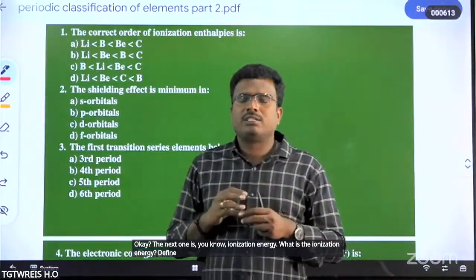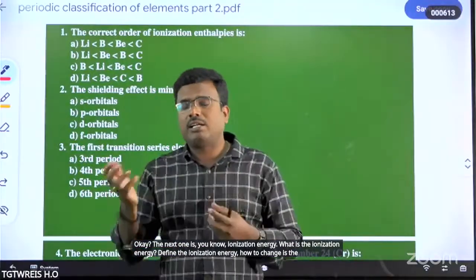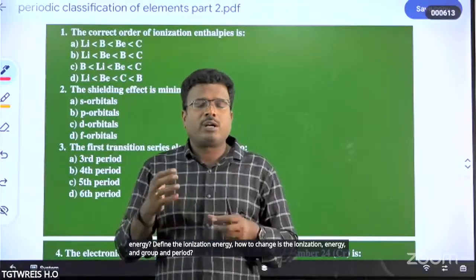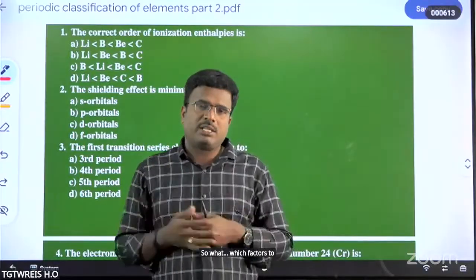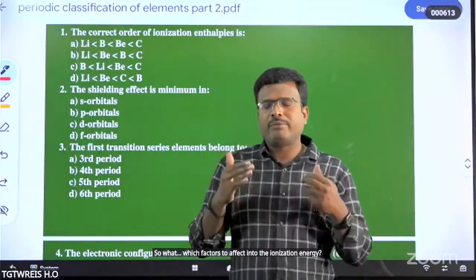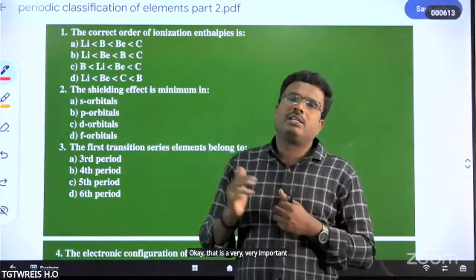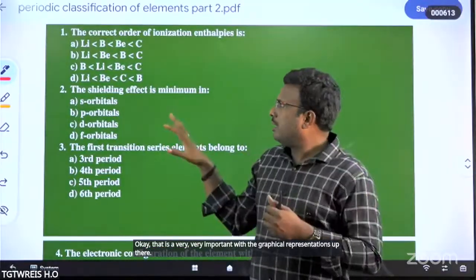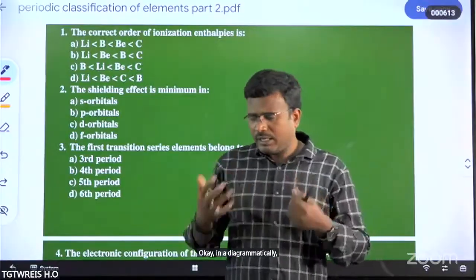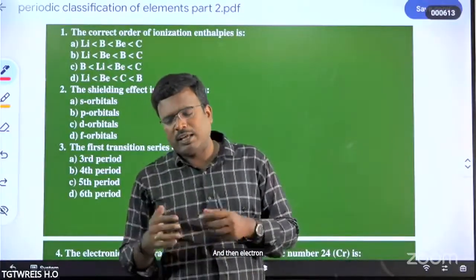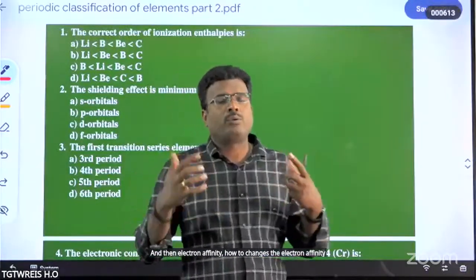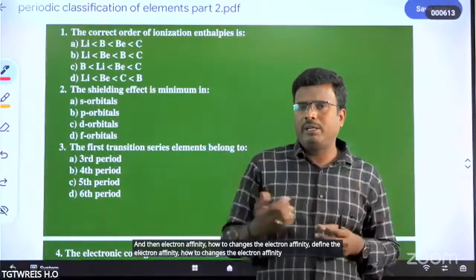Define the ionization energy. How does it change in group and period? Which factors affect the ionization energy? That is very, very important, with graphical and diagrammatic representations. Then electron affinity: define it, and how does it change in the group and period?